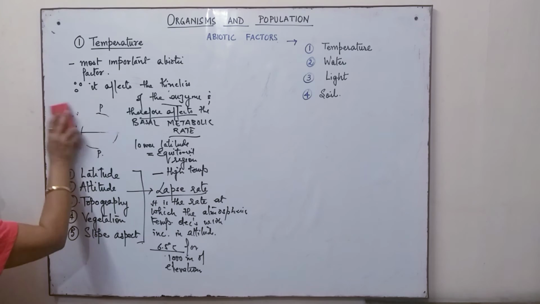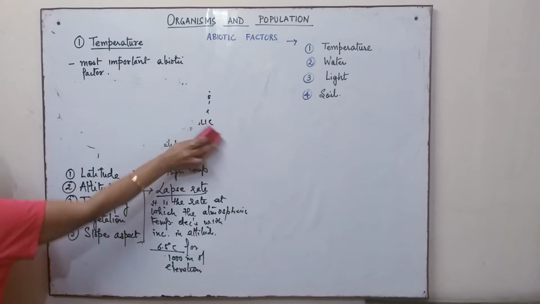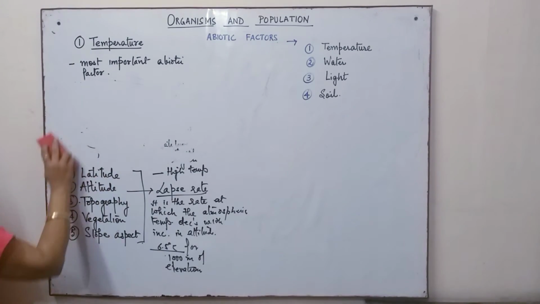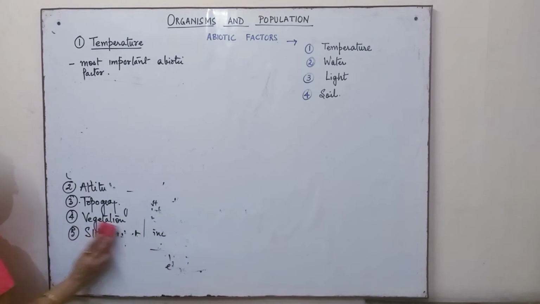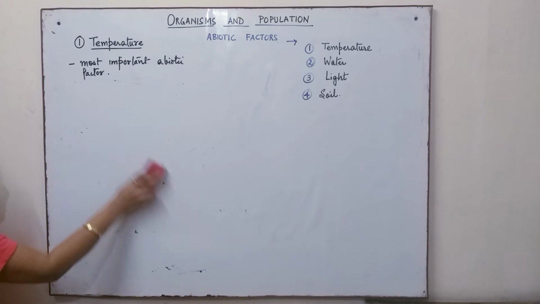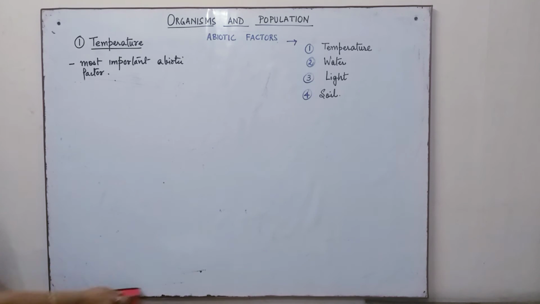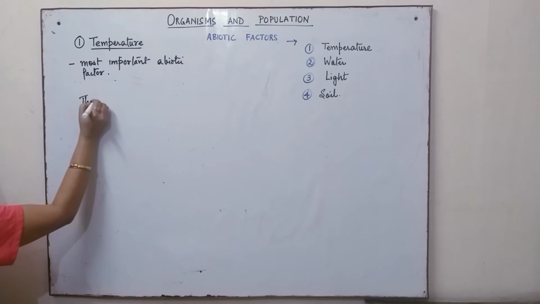So, how the species distribution will happen will depend upon the thermal tolerance of that particular species. Now, depending upon the thermal tolerance, we have classified the organisms into two categories.